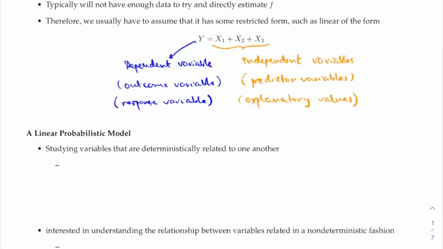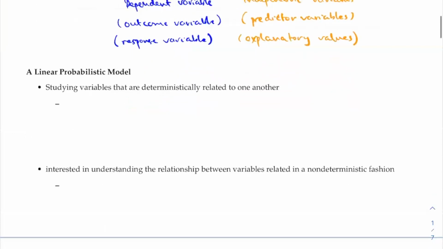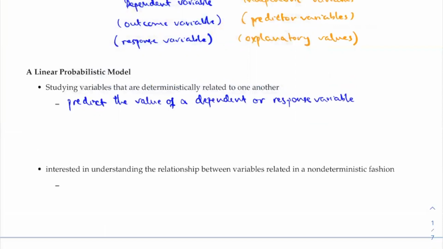We predict the value of a dependent or response variable from the values of at least one explanatory or independent variable.